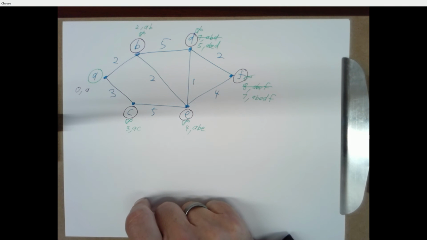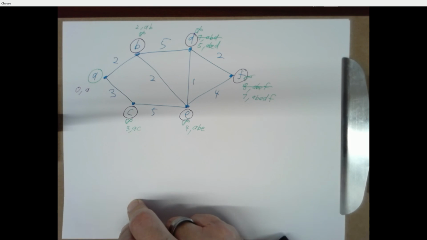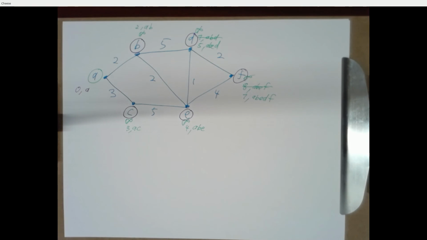Does the order in which you choose to visit your nodes matter? Yes, it can. You would want to visit A, B, then D, and then A, C, and then E. Once you visit a node, you've locked in that distance. So if you visit a node too soon, you may be locking in a distance that's bigger than it needs to be.